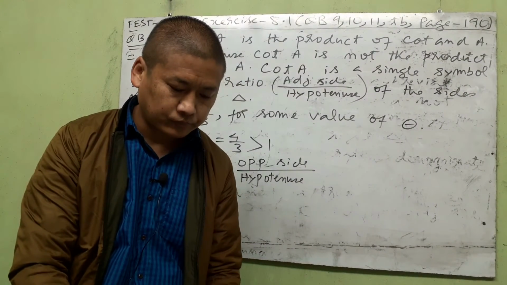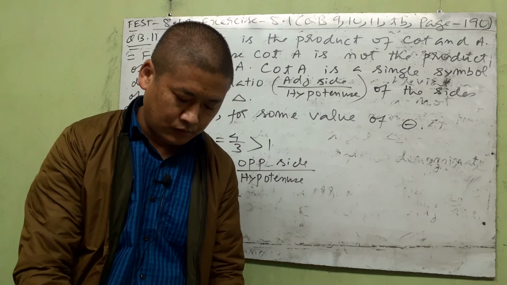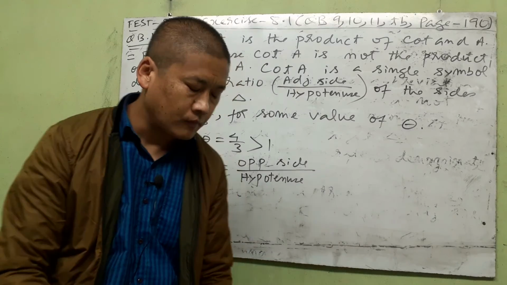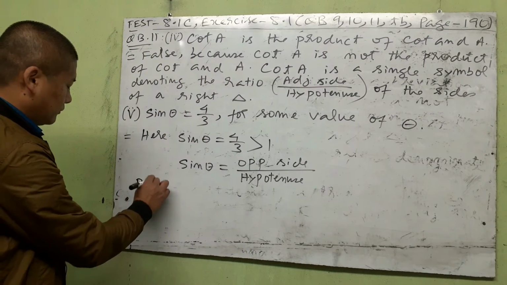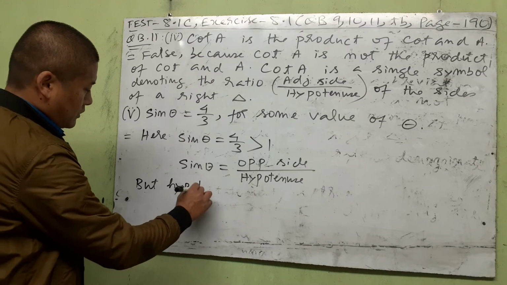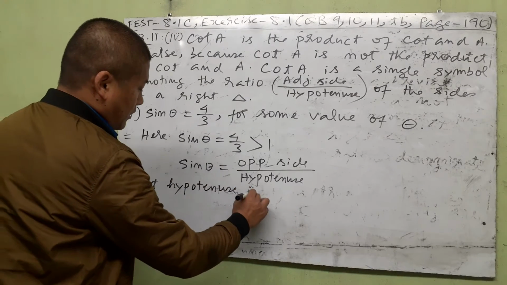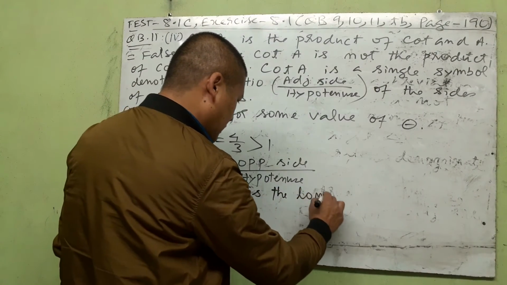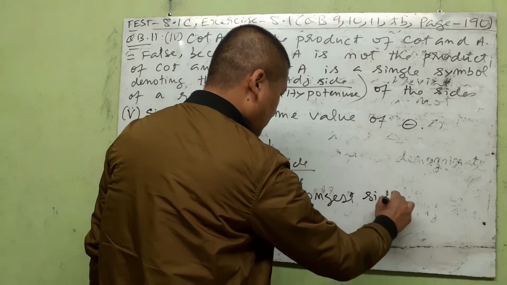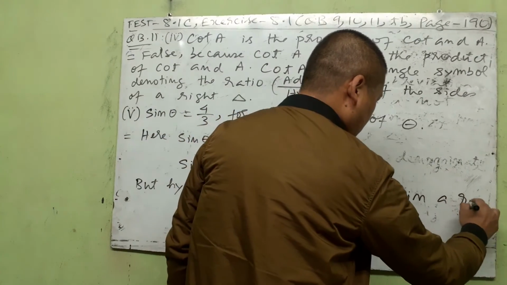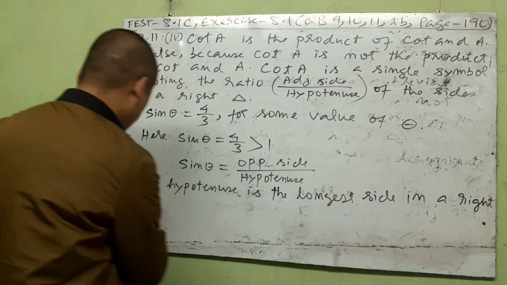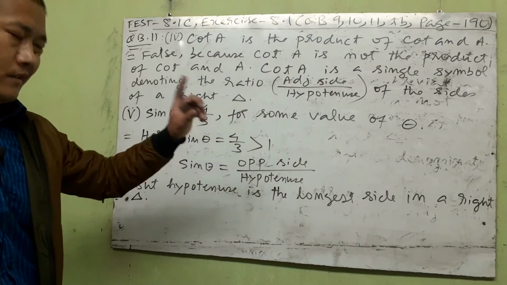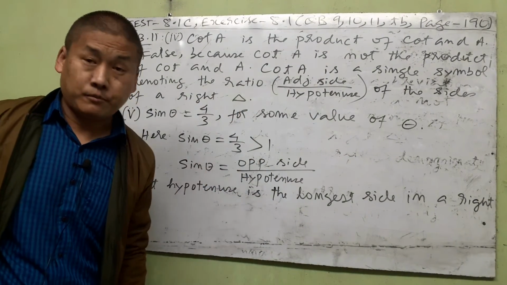Okay, so here we can write, but hypotenuse we know is the longest side in a right triangle. This is very clearly established that hypotenuse is the longest side. No other sides in a right triangle can be longer than hypotenuse. We know that from our previous knowledge.